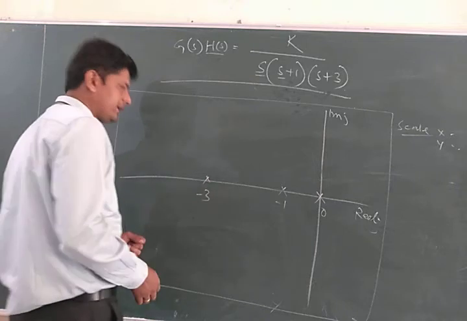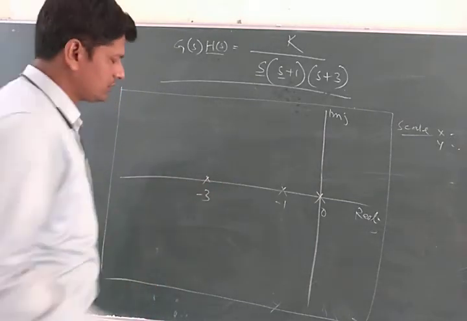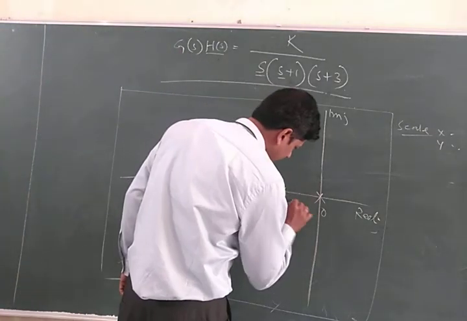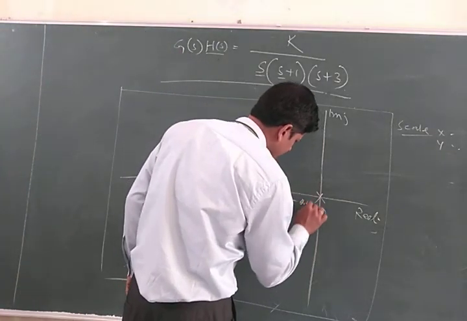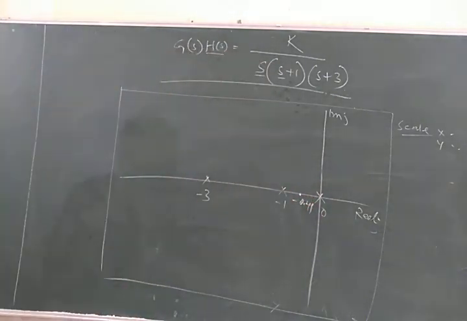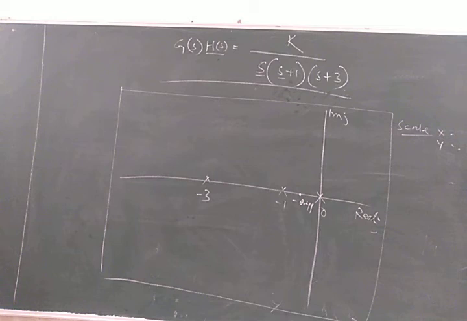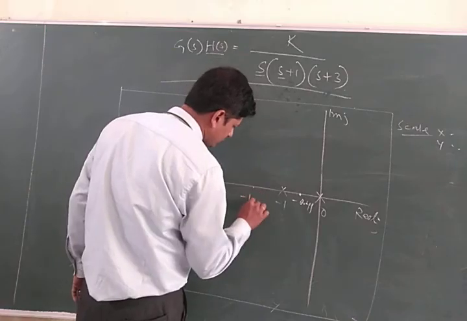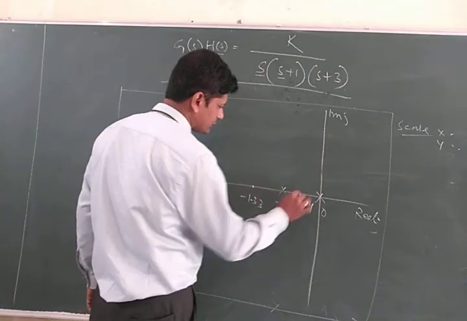Then mark the breakaway point, which we found to be minus 0.49. The centroid was found at minus 1.33. This is the centroid, and this is the breakaway point.